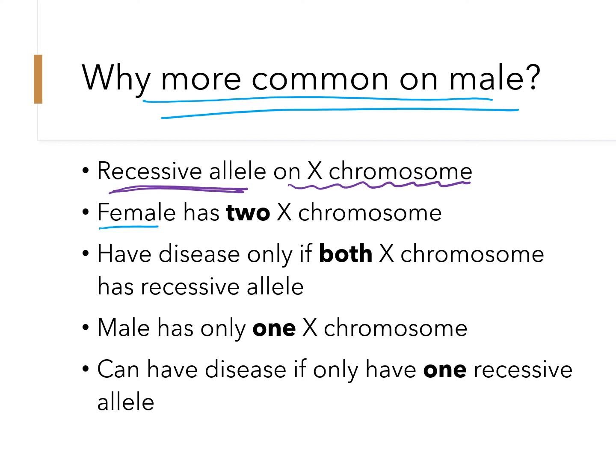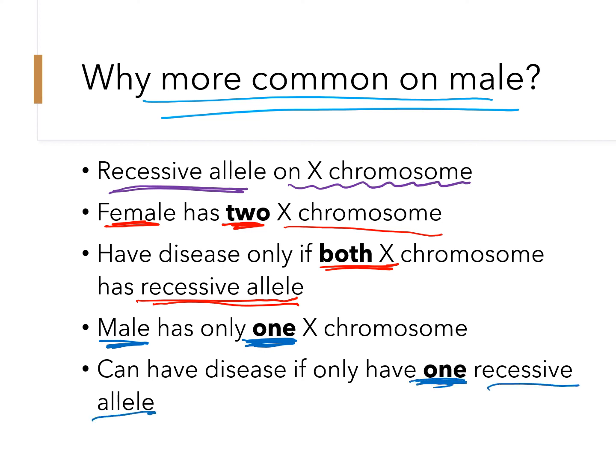The female has 2 X chromosomes, and she will only have the disease if both X chromosomes have the recessive allele. But the male has only one X chromosome, so he can have the disease if there is only one recessive allele. So it is easier for males to have the X-linked genetic disease, with a higher chance.